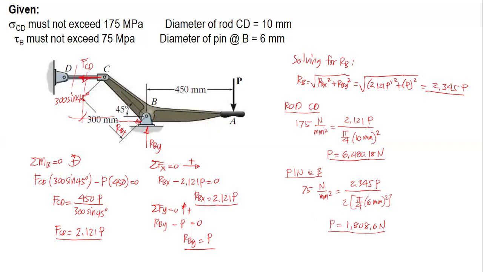But if you use 1,808.6 Newton in the equation for rod CD, the normal stress of rod CD is less than 175, so it is safe. So therefore, the largest value of P is 1,808.6 newtons. Or if you want to convert your answer to kilonewton, then the value of P is 1.81 kilonewton.